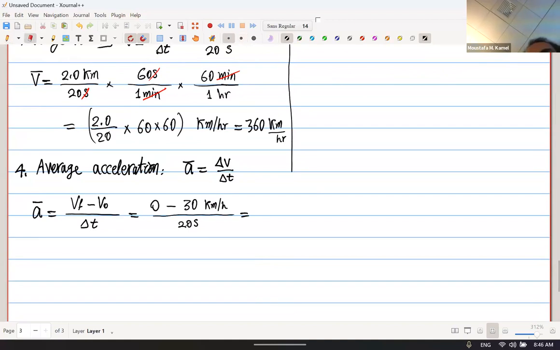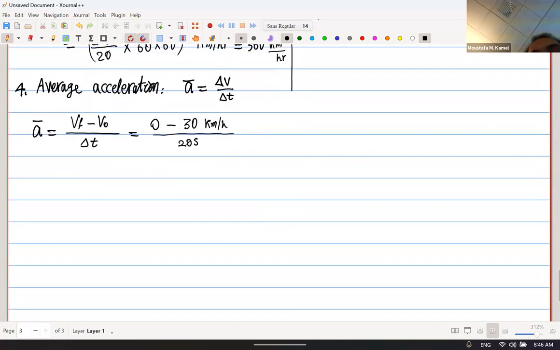Again, you do the conversions to have it in kilometers per hour squared, but this is not a conventional unit, so we will write it down in meter per second squared. So this is negative 30 over 20.